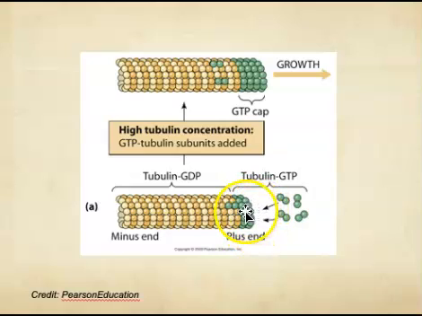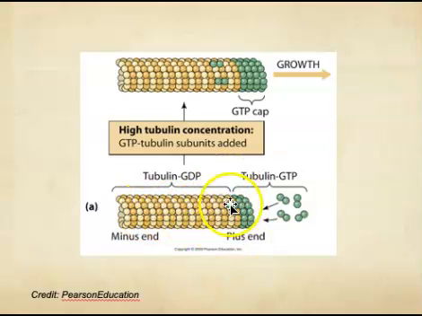They start to treadmill. GTP gets hydrolyzed. This is an energy-consuming process. And now the heterodimers change color. They change to the yellow color because now all of these heterodimers, they're no longer attached to GTP. They're attached to GDP now as they continue treadmilling.